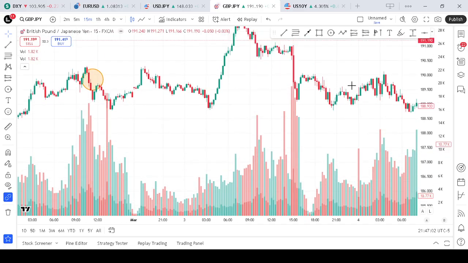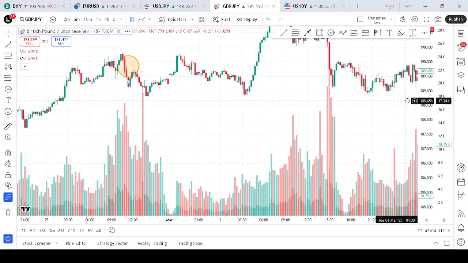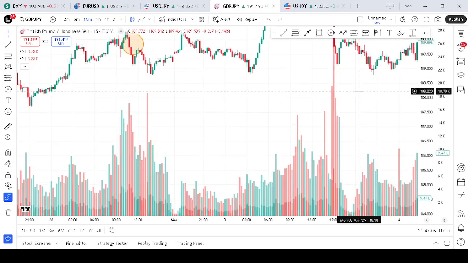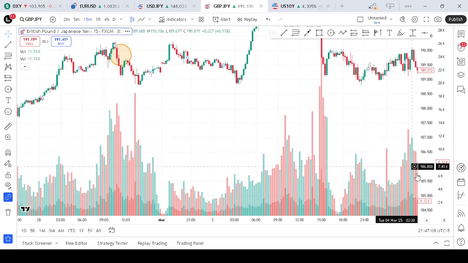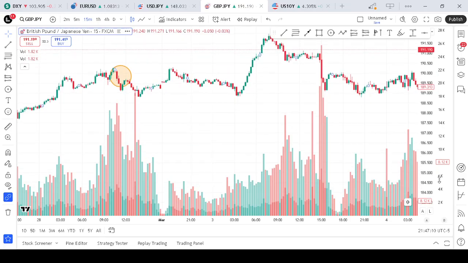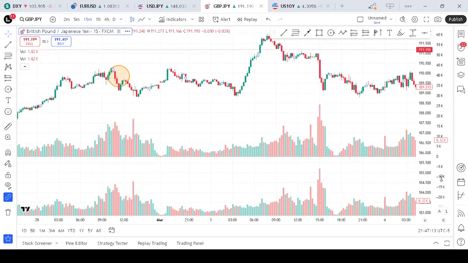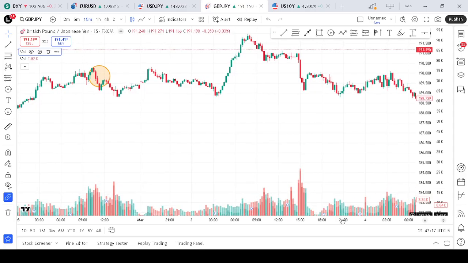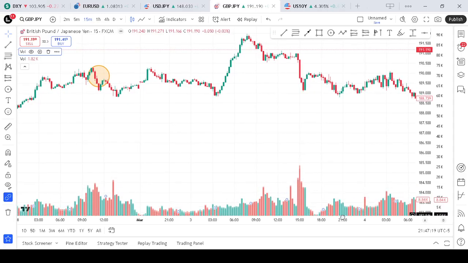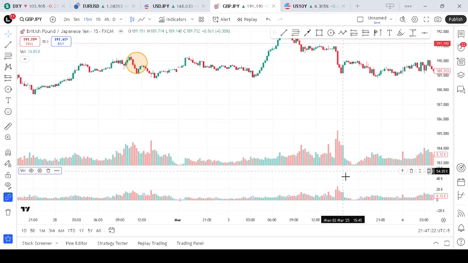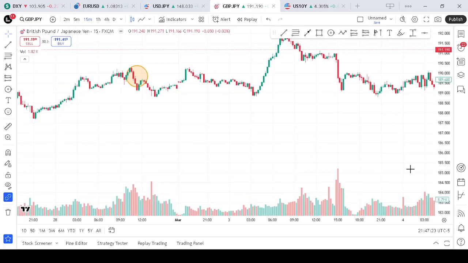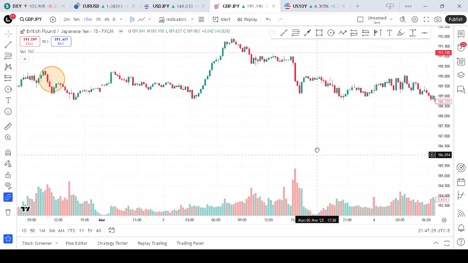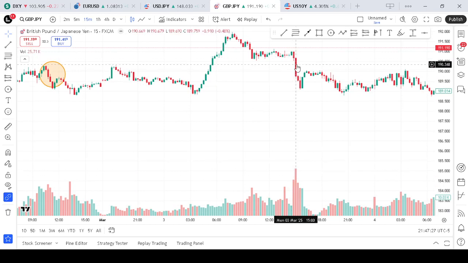As we can see from this example over here, we can see the abnormal trading volume on this chart. This is the abnormal trading volume of this particular candle.